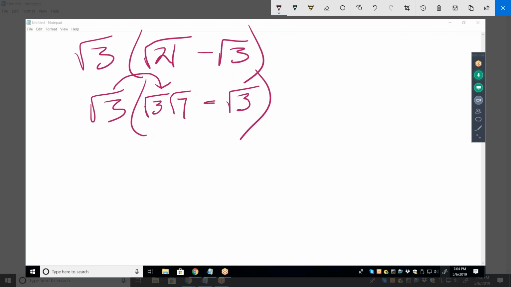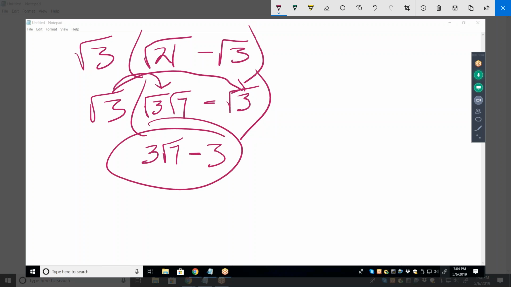You turn it into x squared and then take the square root of x squared. In other words, root 2 times root 2 is 2. So root 3 times root 3 is 3, and root 3 times root 7 is root 21. Now, what's root 3 times root 3? Root 3 times root 3 is 3. There's your answer.